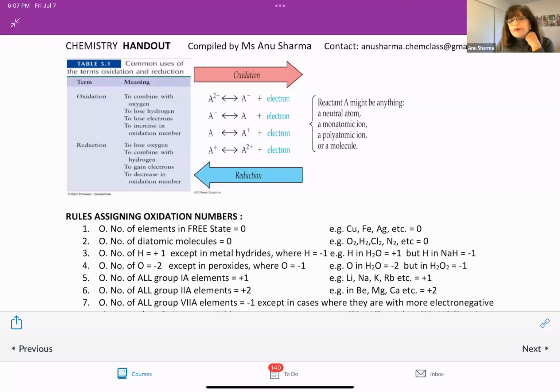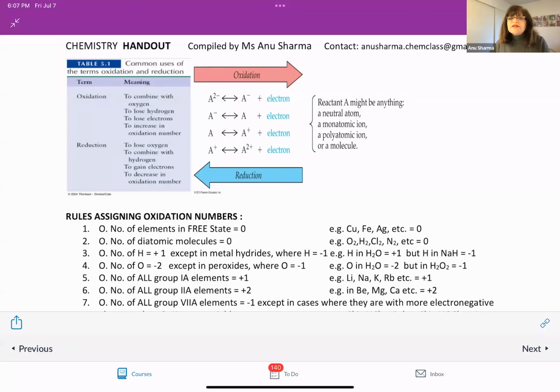This table is talking about oxidation and reduction. Basically, when the oxidation numbers move from a negative to 0 to the positive side, it is going to be oxidation. So loss of electrons is oxidation, and also the increase in the positive charges is oxidation. The opposite is reduction.